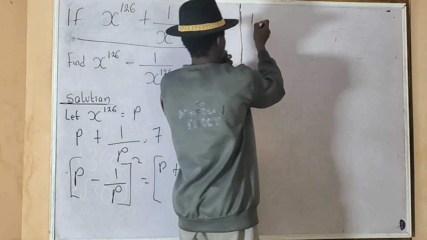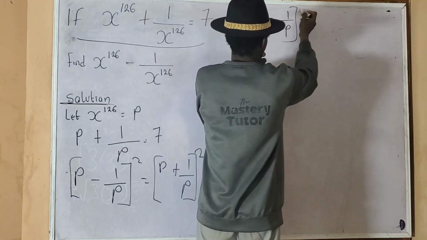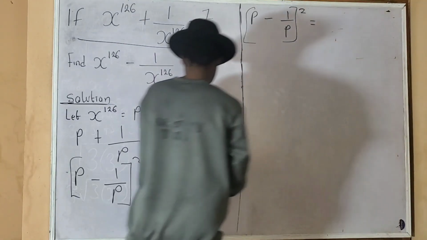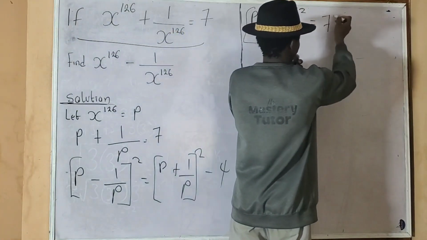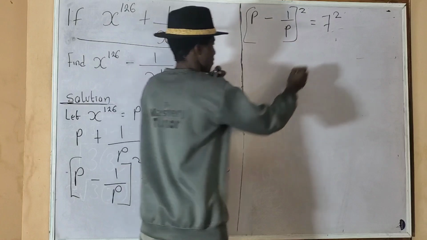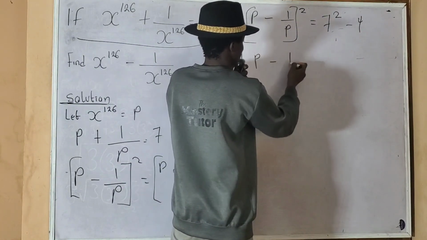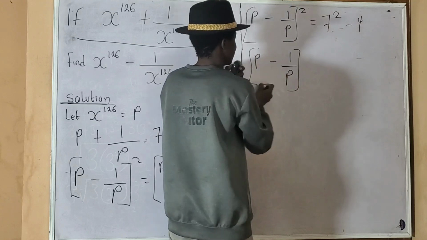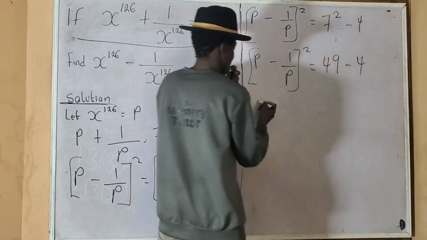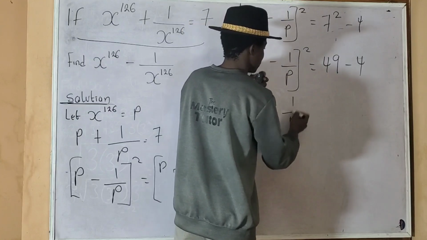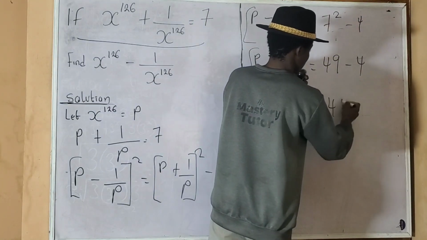So I'm going to have p minus 1 over p squared equals, now p plus 1 over p is what? 7. So I'm going to have 7 squared minus 4. Okay, so p minus 1 over p squared equals 49 minus 4, which is 45, right?